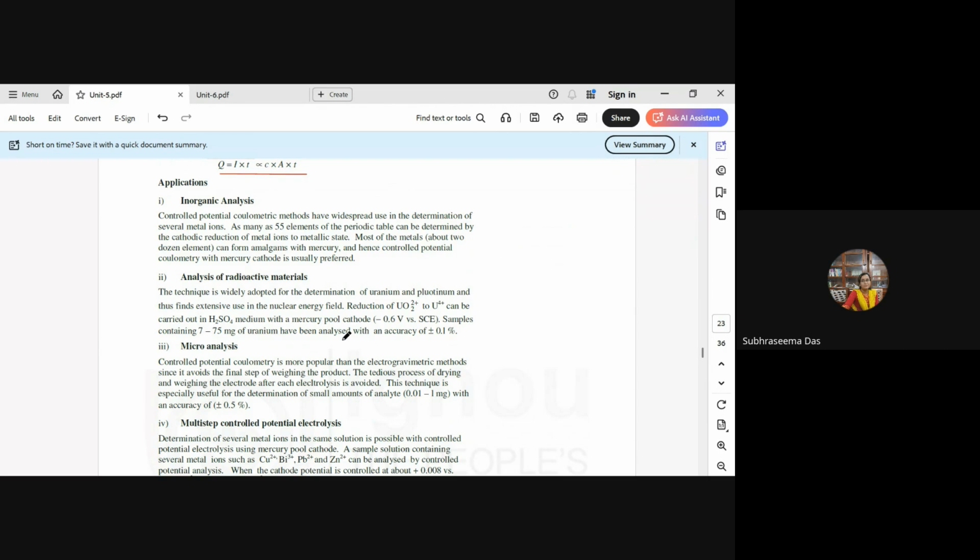So coming to the applications of coulometry, first is in inorganic analysis. Controlled potential coulometric methods, that is the potentiostatic coulometry, have widespread use in the determination of several metal ions.